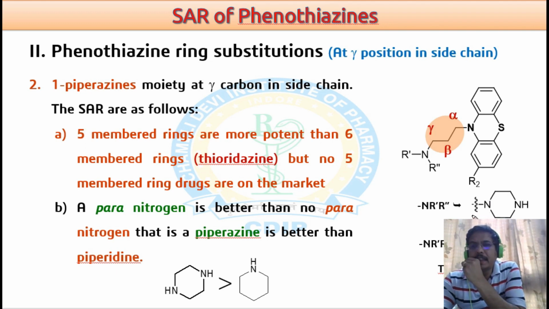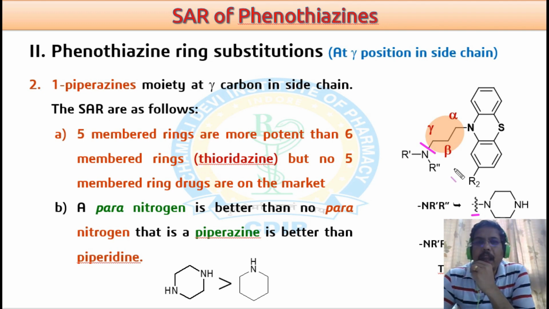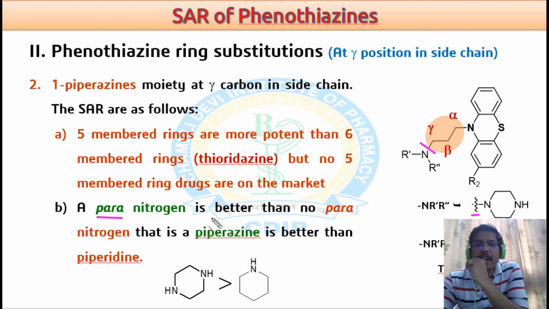And this sign suggests that the whole thing remains the same, only the changes occur from this area. So this NRR is shifted from N. In that case, the activity is optimum, and para substitutions, you can say, a nitrogen at the 4 position is better than no nitrogen at the 4th position.